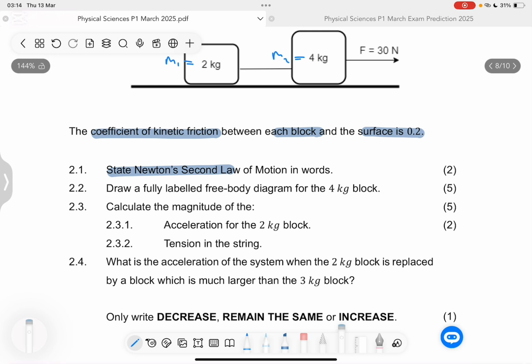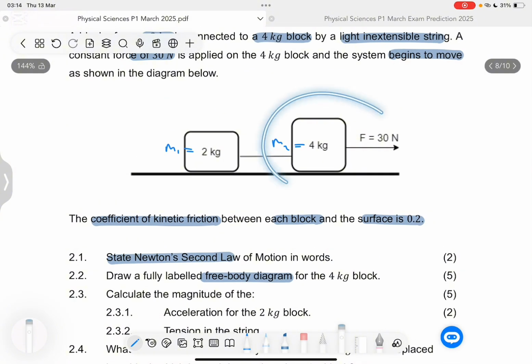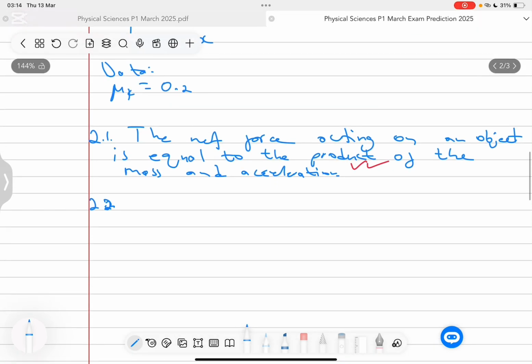Question 2.2 says: draw a fully labeled free body diagram for the 4 kilogram object. The 4 kilogram object is this one here. Remember that with a free body diagram, we model the object as a dot and then we draw all the forces acting on it.